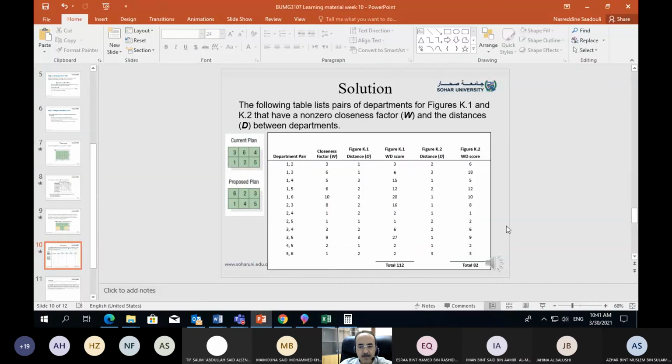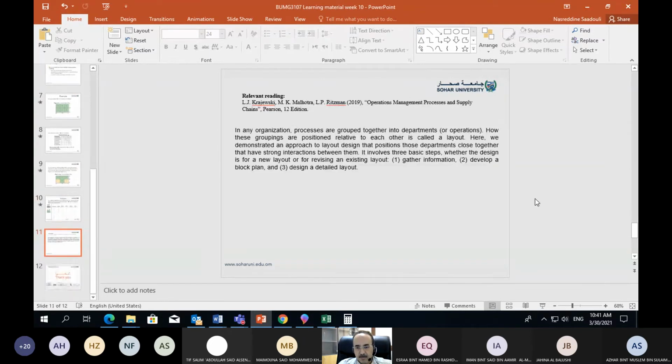And we can actually do that formally. Obviously, we're not asking you to do that in this course. In this course, we're just going to take 2 plans, compare them, and choose the better one based on the one that has the lower total score. That's basically it. To conclude, in any layout problem, we are interested in determining where the various departments or operations should be positioned relative to each other.